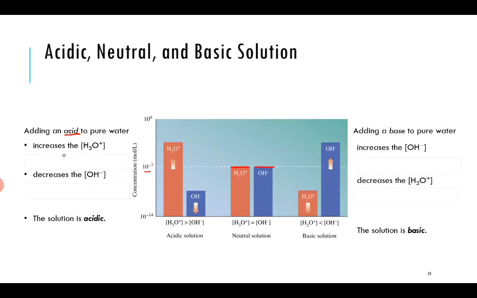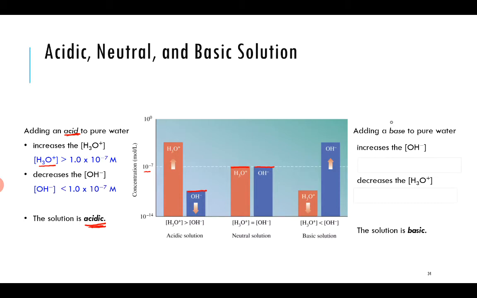If you increase the H3O plus concentration in water, then since Kw is a constant, your hydroxide ion concentration would drop to below 1 times 10 to the minus 7th. And then we classify this solution as being acidic. So when we add an acid, it's acidic, and we have a higher concentration of H3O plus.